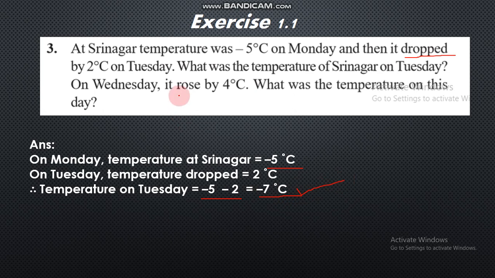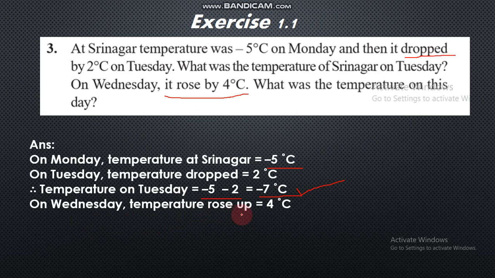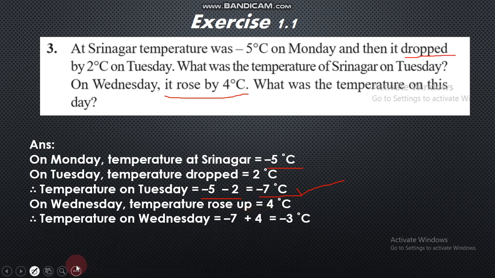Now what happened on Wednesday? On Wednesday it rose by 4 degrees Celsius. That means the temperature has increased. So increased means we have to add this 4 degrees Celsius to negative 7. So the temperature on Wednesday is negative 7 plus 4.